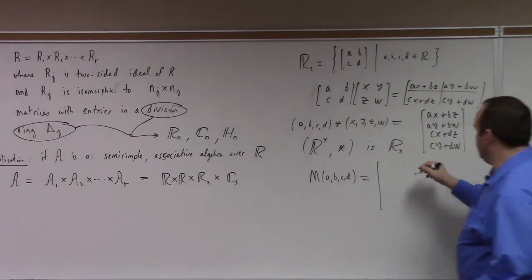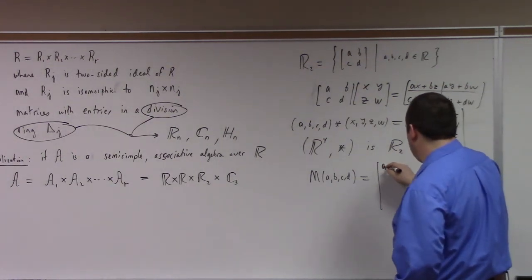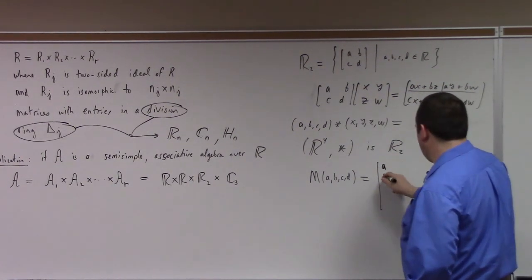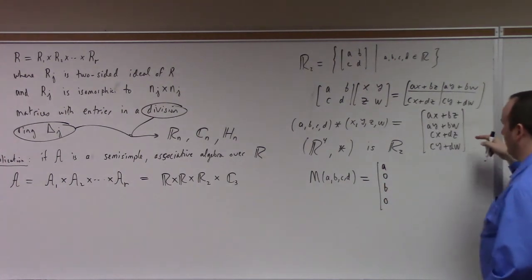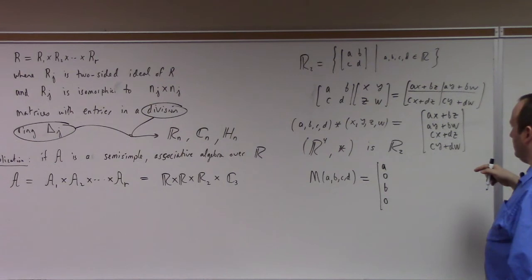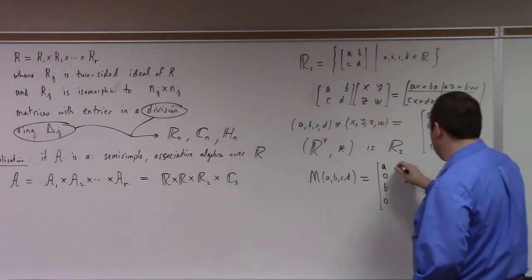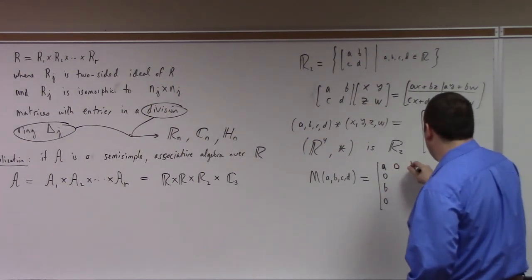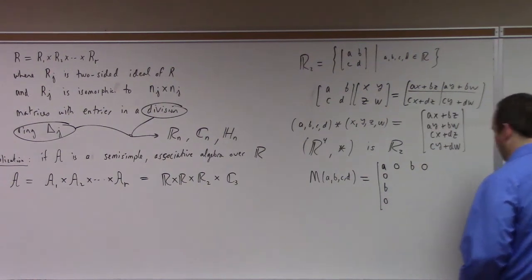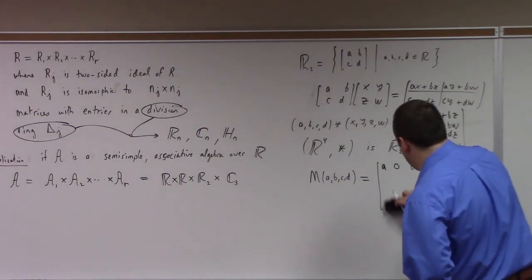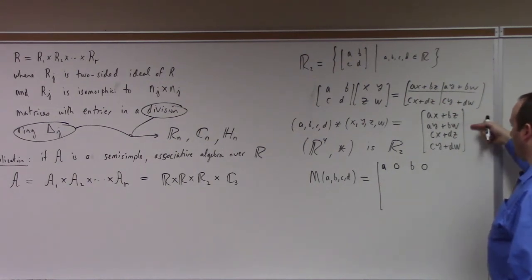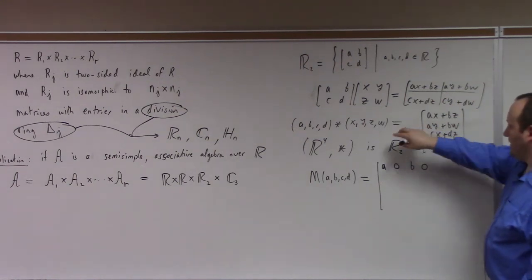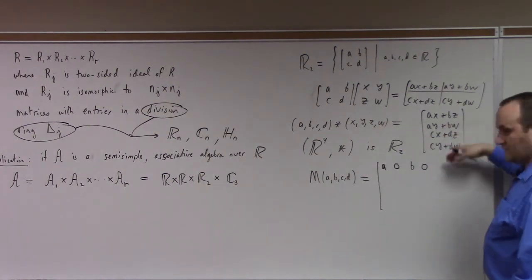So we get A, 0, B, 0. Oh, I'm sorry. That's the first row. And then this matrix times X, Y, Z, W should give us this.